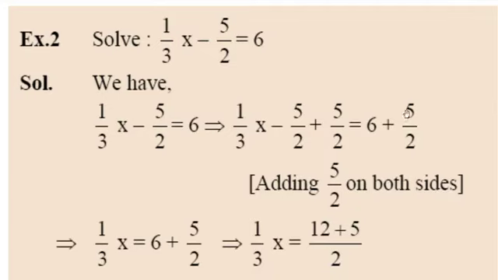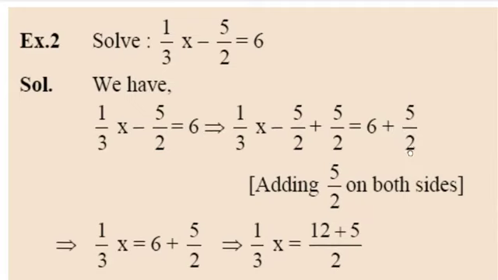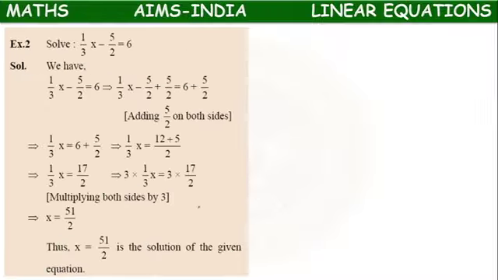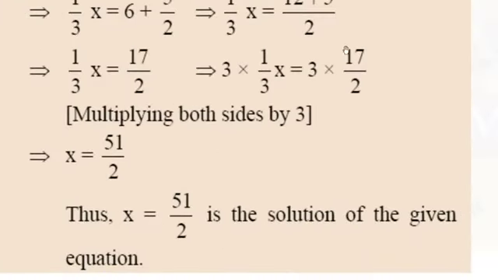Right hand side, 6 plus 5 by 2: 2 6 times 12, so 12 plus 5 by 2 means 17 by 2. Now 1 by 3x equals 17 by 2. Now we need x, this by 3 also has to be removed.